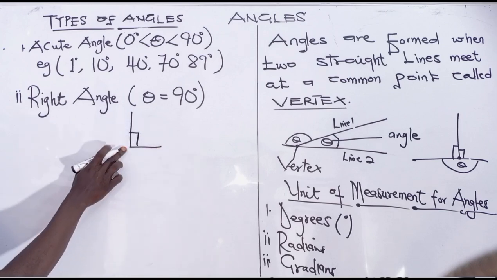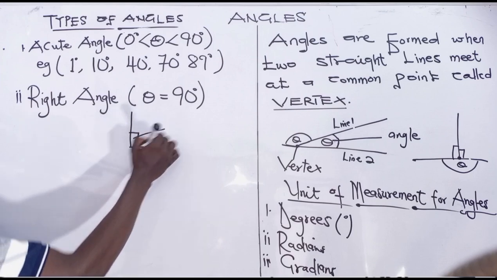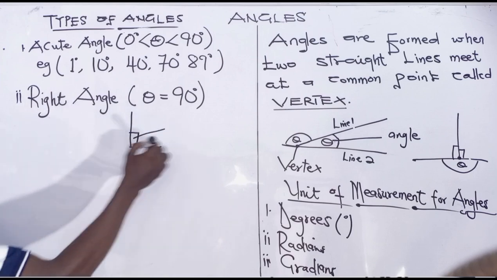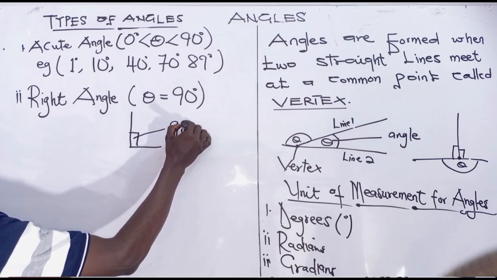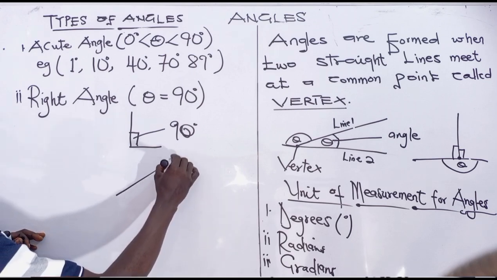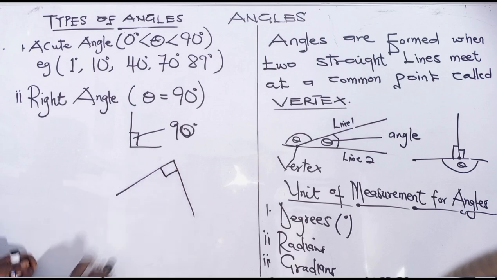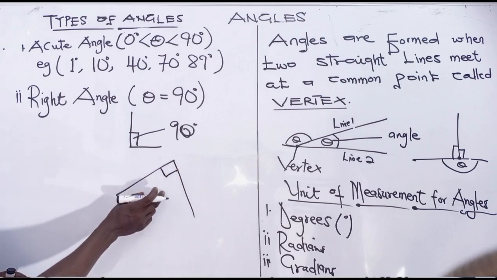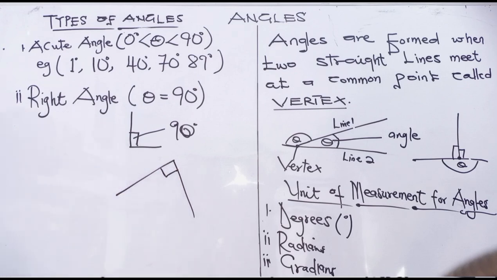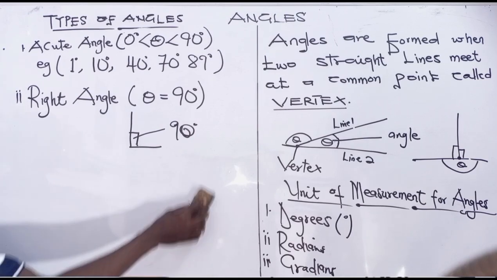When you have an angle with this very symbol, this tells us that the angle is a right angle and its measure is equal to 90 degrees. No matter how the angle is drawn, the moment you see this symbol, it tells you that this angle is a right angle and it measures exactly 90 degrees.